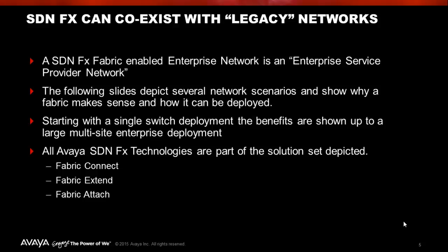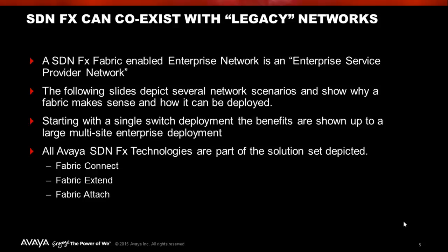Fabric Connect, based on shortest path bridging. Fabric Extend, which is the ability to actually have automatic attachment and the ability for those zones, which are based on Fabric Connect, to be able to communicate over traditional IP infrastructures or L2 infrastructures. In other words, the ability to stretch or extend the fabric over those zones.